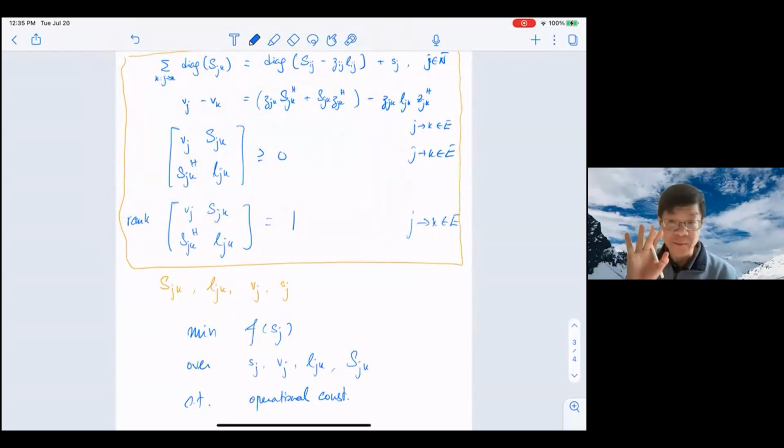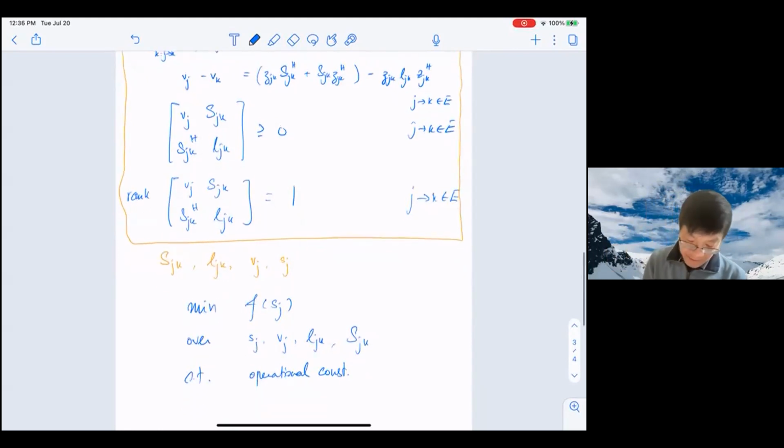The off-diagonal entries don't correspond to any physical voltages, right? But the diagonal entries of the V_j matrix are the voltage magnitude square at node j for phases A, B, and C. You can have injection bounds on the S_j. Those are part of the operational constraints. You can have other operational constraints depending on your application.